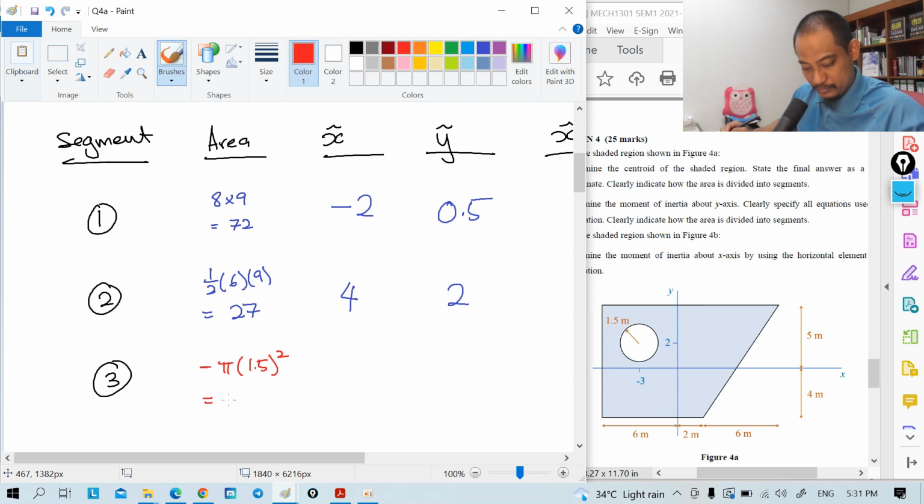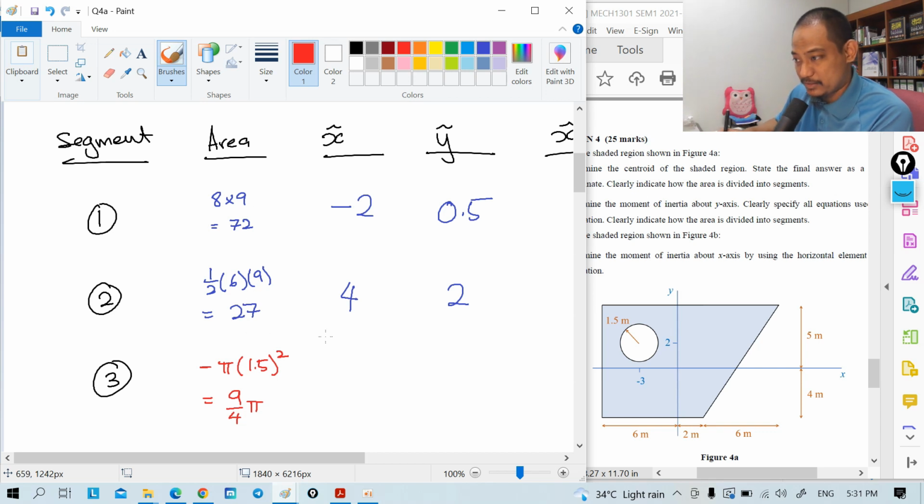So this is 9/4 pi. I'll leave it as such first, so that it will not be decimal, and then we will just calculate afterwards.